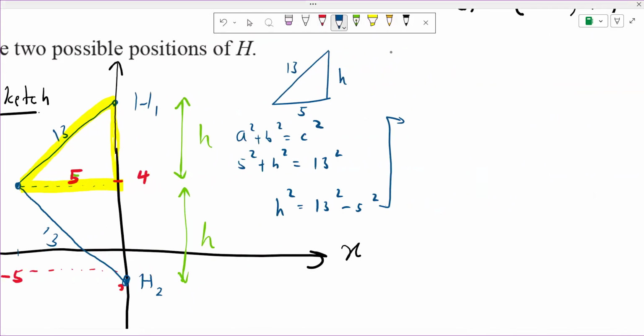Let me take my handy calculator and find the answer.